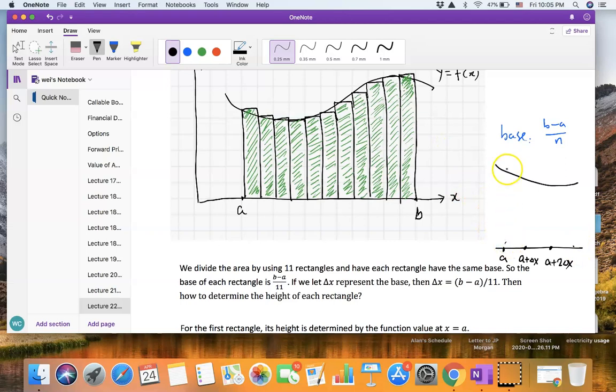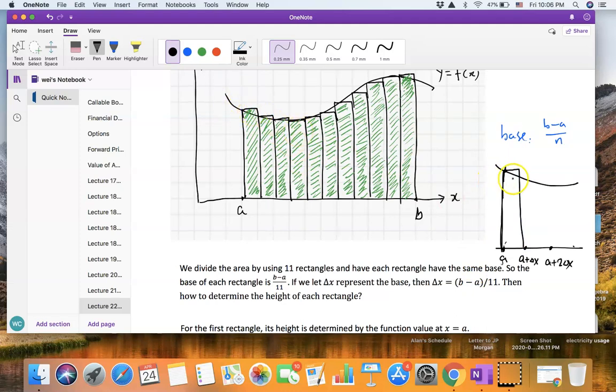So here I want to draw a rectangle. Since I said I'm going to use the function value at this point to be my height, when I draw the first rectangle, because the function value f(a) equals this, the first rectangle is going to be like this, right?